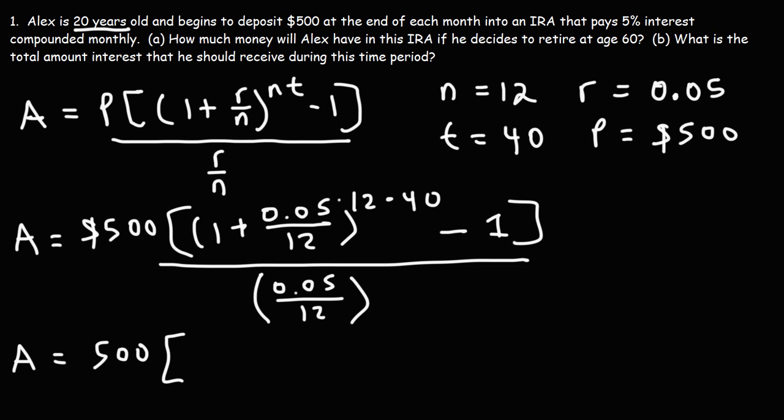So let's start with this part here. 1 plus 0.05 over 12.